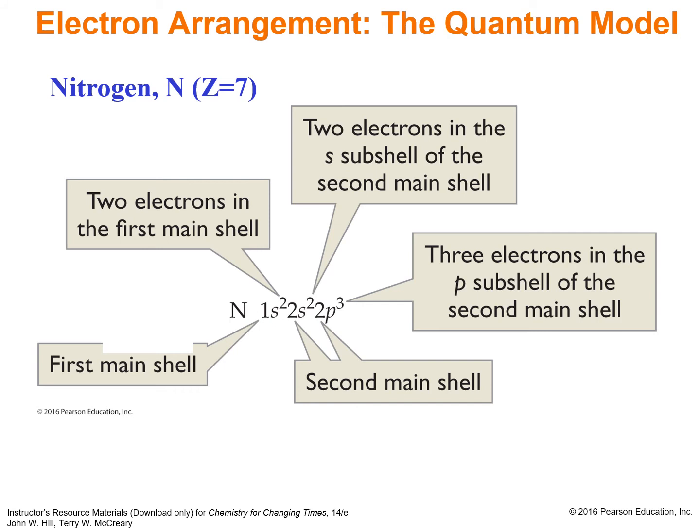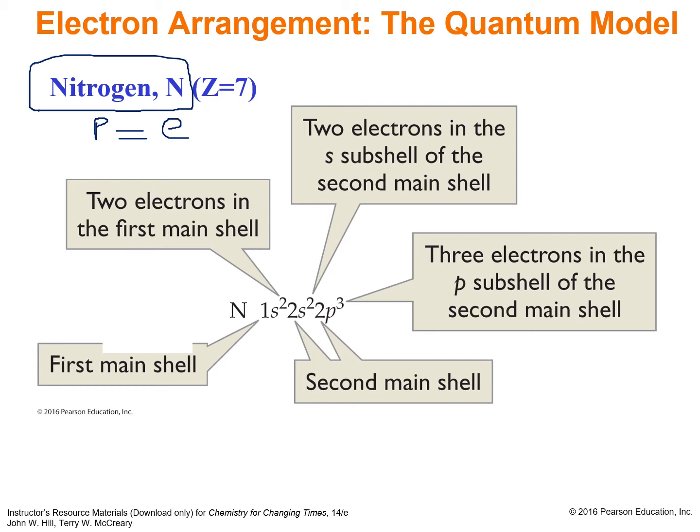The atomic number is the number of protons, right? And because nitrogen here is neutral, the number of protons is equal to the number of electrons, and that's how we know we have 7 electrons.